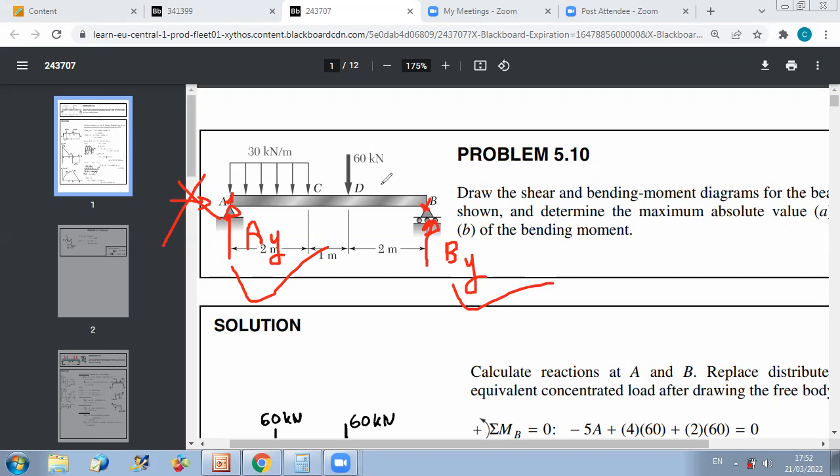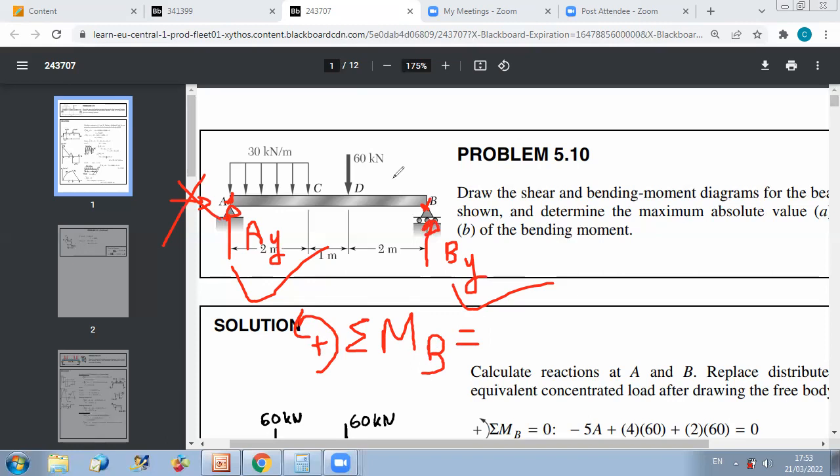So, for example, if you want to find AY, you do sum of moments about B equals 0. Always specify a positive direction, and you are free to select the positive direction that you want. So you can say, I will consider any counterclockwise moment as positive. You just put the arrow near sum of moments, and then every moment created about B in the counterclockwise direction will be positive, and every moment created in the clockwise direction will be negative.